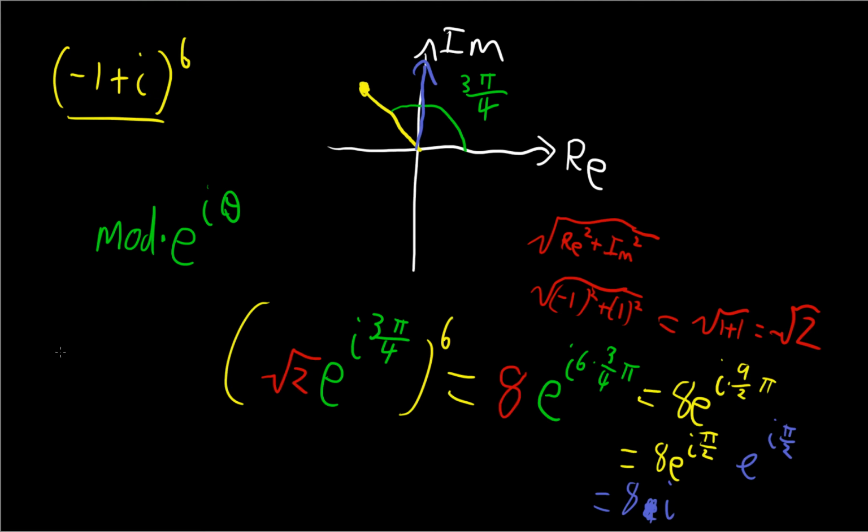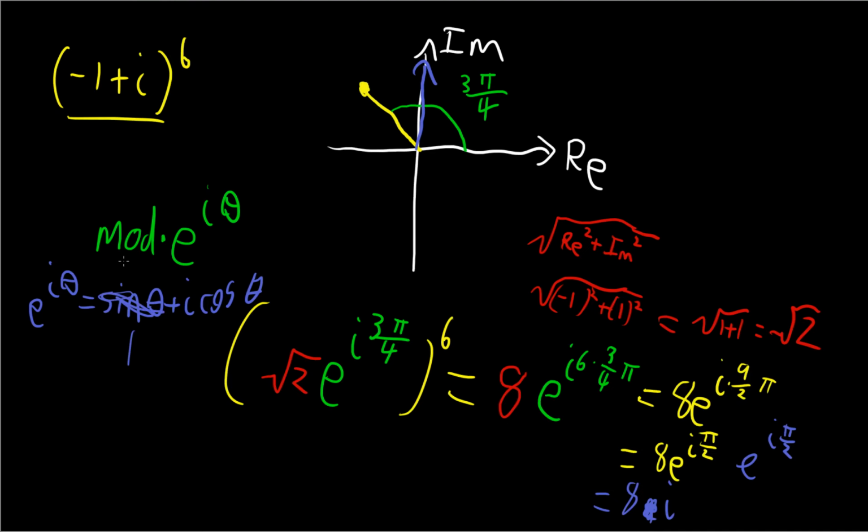If you want to check it, you can use Euler's identity, or the de Moivre expression, however you want to call it, that basically says e to the i theta is equal to cos theta plus i sine theta.